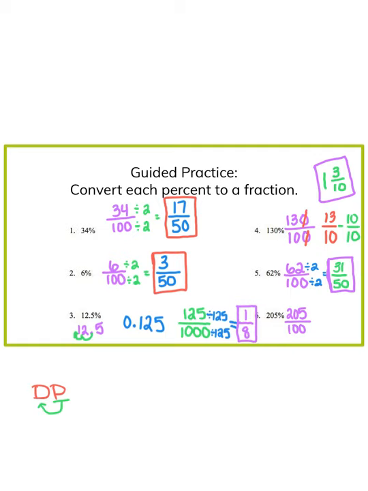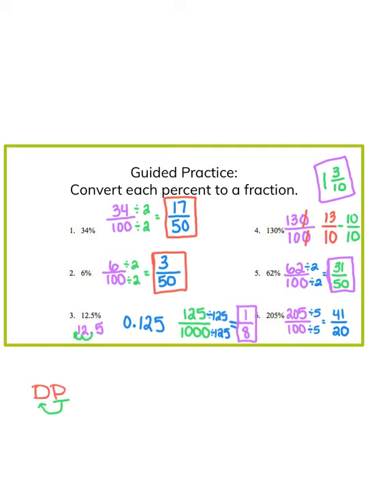I know I can divide 205 and 100 both by 5. 205 divided by 5 is 41, and 100 divided by 5 is 20. Notice how my numerator is larger than my denominator, so I have an improper fraction. I need to convert this to be a mixed number so that it is proper.